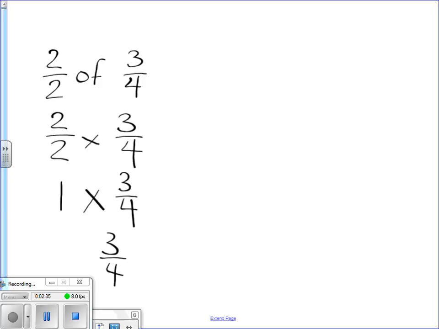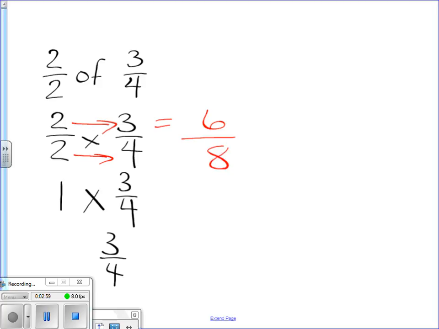It is easy. But if we do it the way that I was saying before, where you multiply straight across, say you didn't automatically know that's 1, and you multiply straight across. 2 times 3, 6. 2 times 4, 8. 6 eighths.